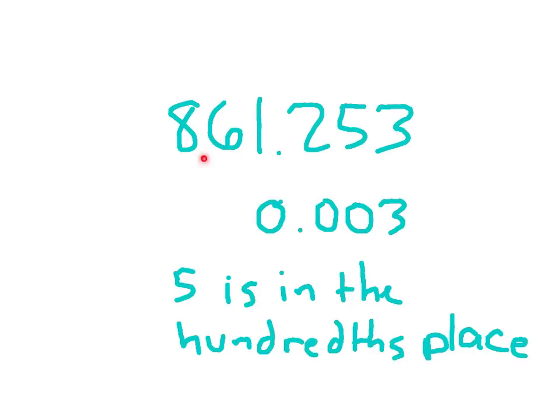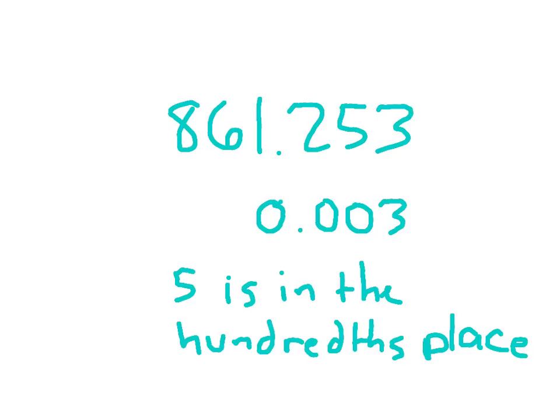What is the 6 worth? 60 thousandths. That's like this question here. What place is the 2 in? Tenths place, and that's like this question here.